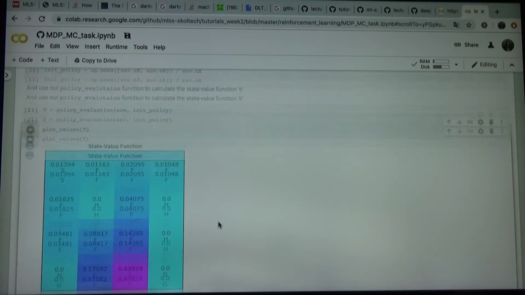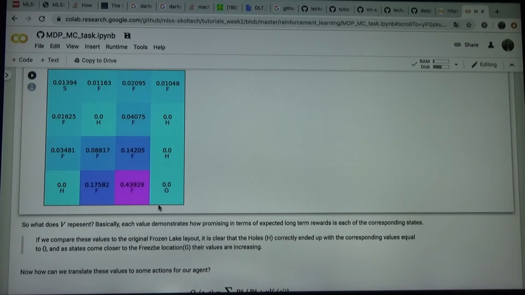That's why we will get the probability of 0 there, and the state is going to be terminated. So the flag is going to be done.